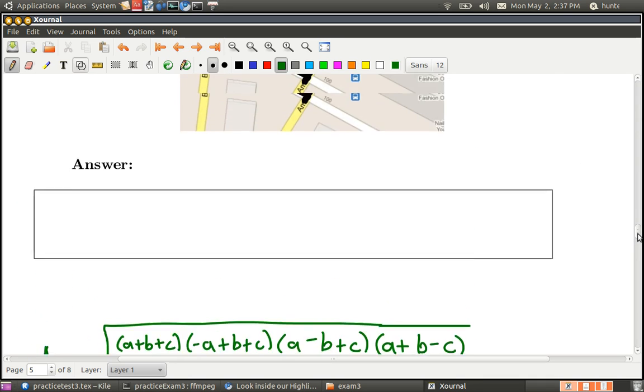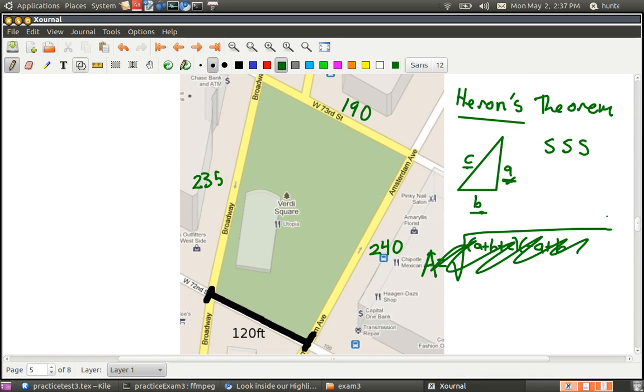Notice that I don't have any triangles in this picture yet, but I can make a triangle by connecting, say, these two corners. You could connect the other two corners if you want. And when I measure this, what I get is about 300 feet. So I call this side 300. Now I just have two triangles.